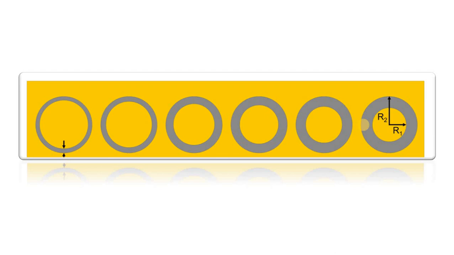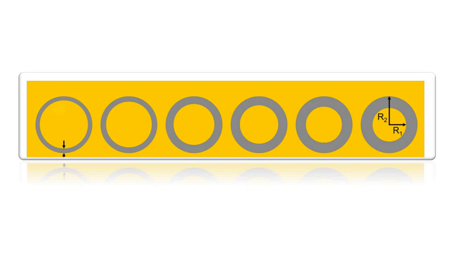After the CTLM structure is made, you need to perform current voltage measurements across these different patterns, in which you apply a voltage across two adjacent contacts. For example, you may apply one contact inside this circular pad, and you apply another contact over here.